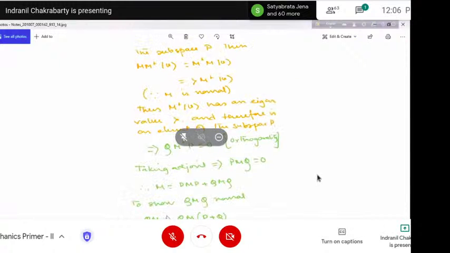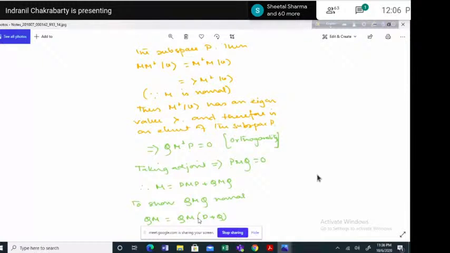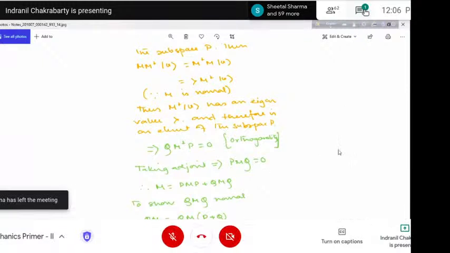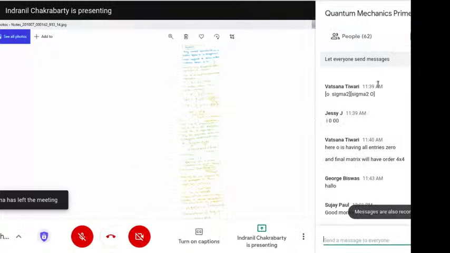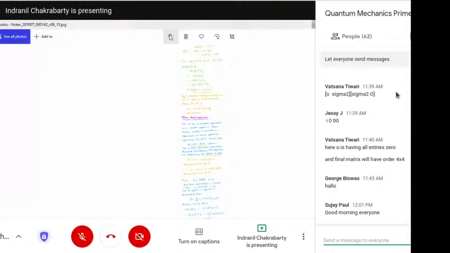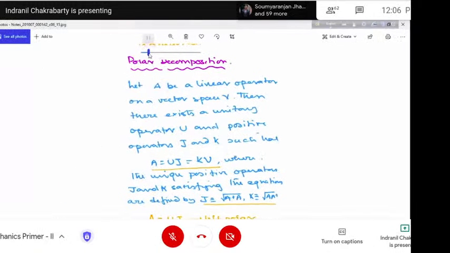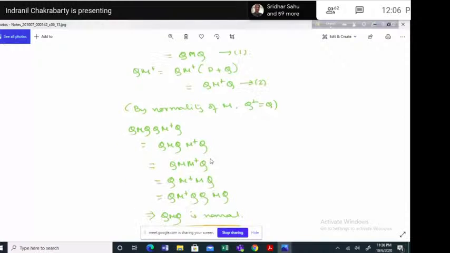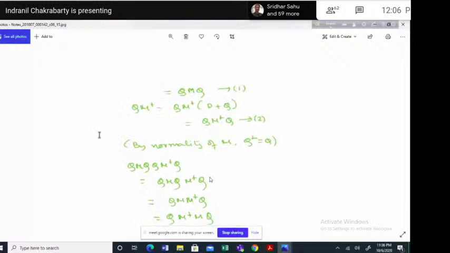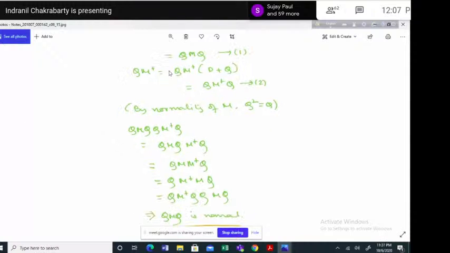So you can write QM as QM into P plus Q. And we know that QMP is equal to 0, so QM will be equal to QMQ. Similarly, QM dagger will be QM dagger P plus Q. And you know that QM dagger P is 0 from the previous, that is PMQ is 0, so QM dagger will be QM dagger Q.